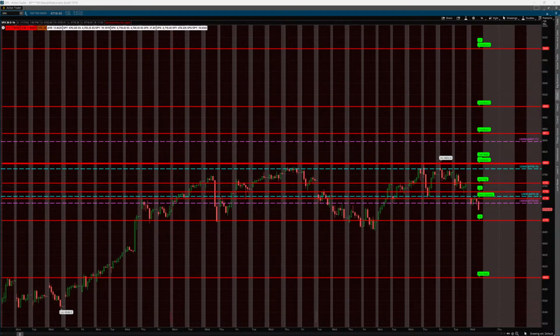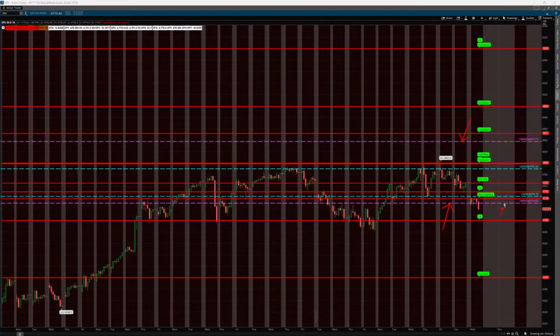All right, let me point out the levels on this chart. First of all, the dashed purple lines are showing the lower and upper weekly expected move. This is based on the options market. I update this once a week over the weekend. SPX is trading below that lower weekly expected move. Again, it appears to be heading toward 4,700.